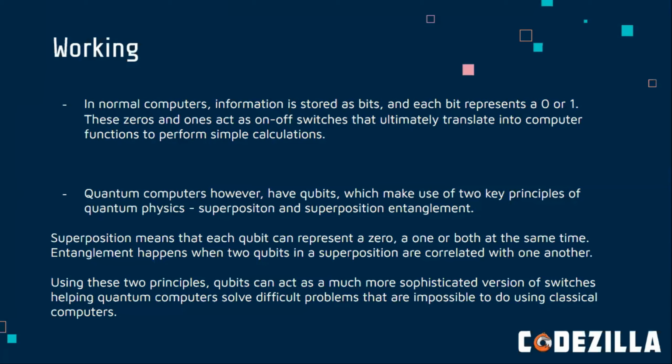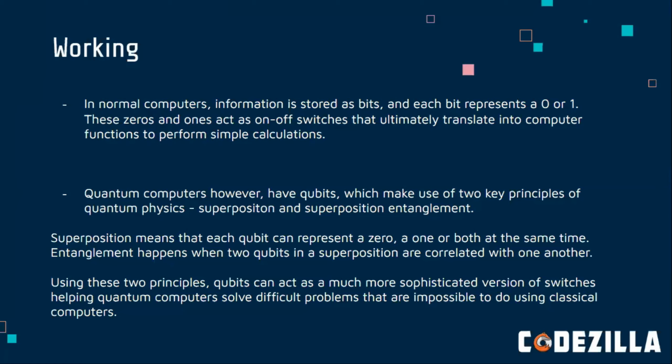Let's look at how this happens. A classical computer would test each possible route one at a time to find the correct one, resulting in us getting an output. But this results in classical computers being able to solve only one problem at a time.